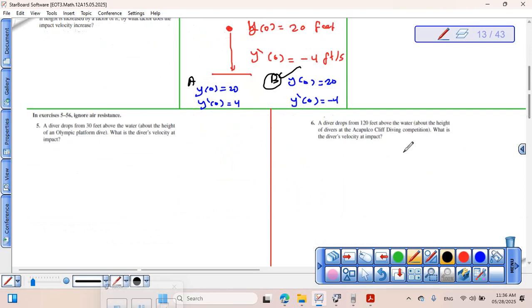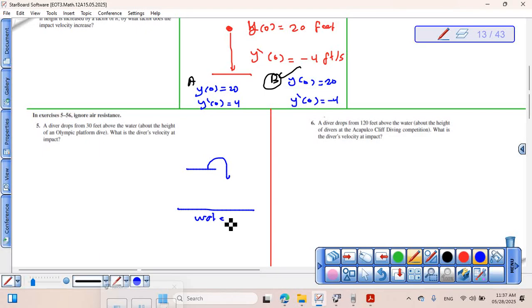Let's move to other questions, questions 5 to 7. I selected two questions. Question 5: a diver drops from 30 feet above the water. This is the diver, going down, and this is the surface of the water.